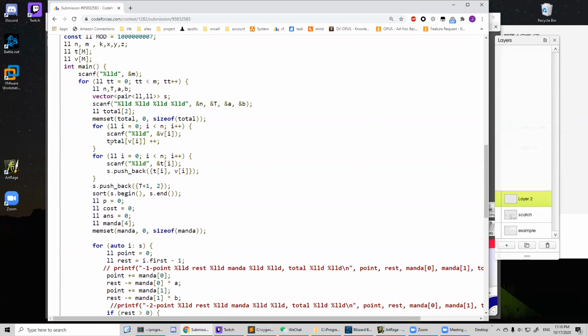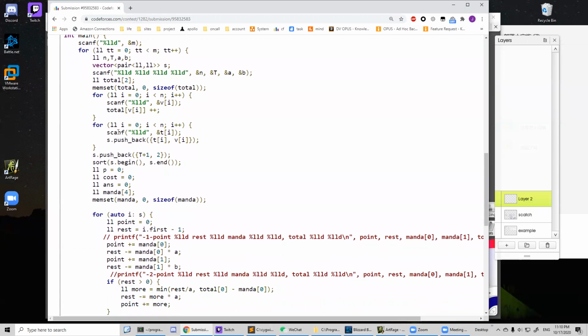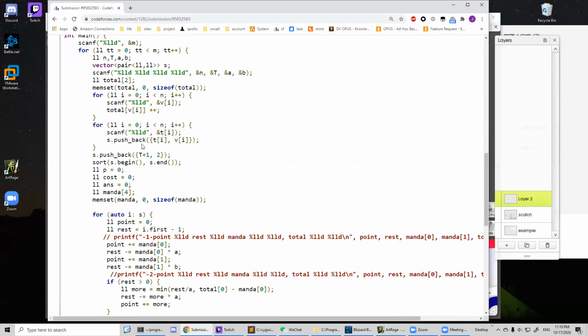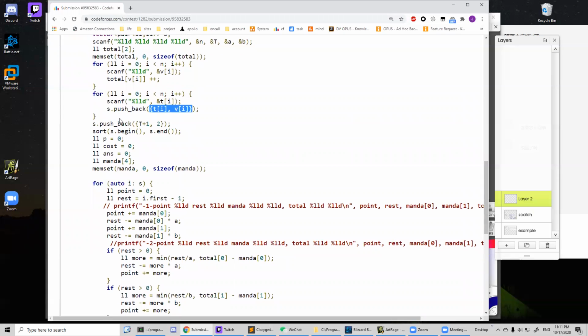We got 2 counters to keep the count of the 2 different types, right? Then we are going to read the time when each problem becomes mandatory, and we are going to push the pair into an array so that we can sort the array in the next step, right?